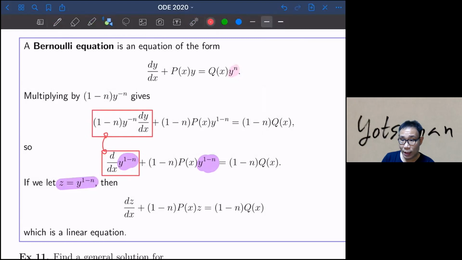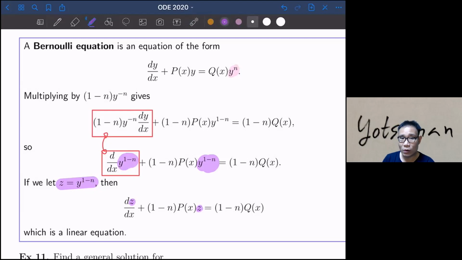So we will let that be z equal to y to the 1 minus n, and this guy turns out to be in terms of a linear equation. Okay, so this guy turned out to be a linear equation that you're going to be able to solve by just using the formula for mu and the formula for z. Okay, so that is the way to solve this Bernoulli equation.